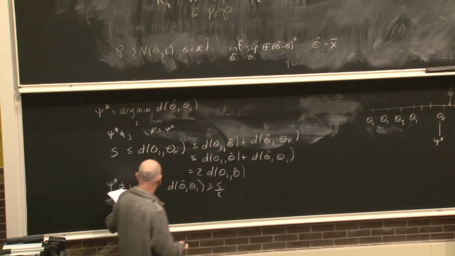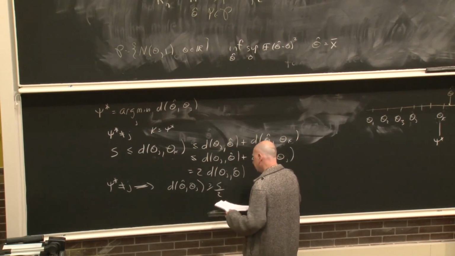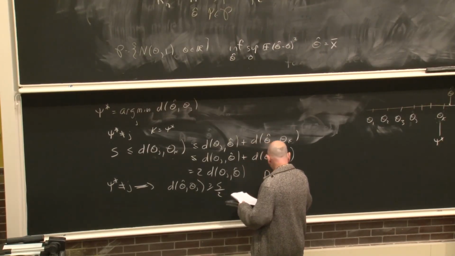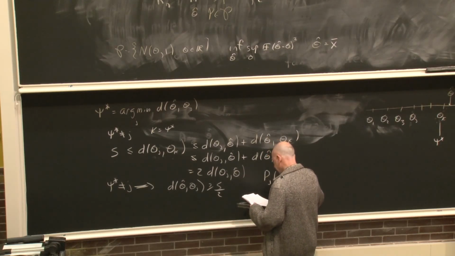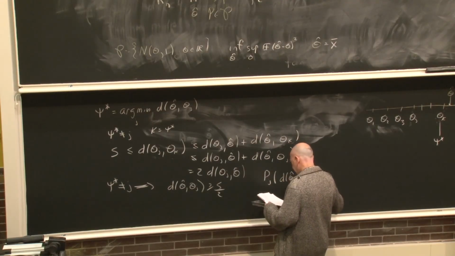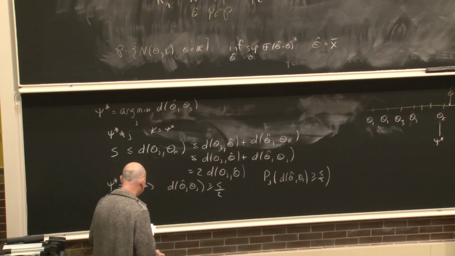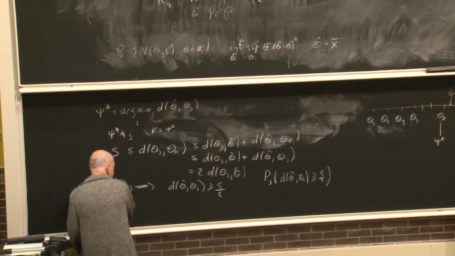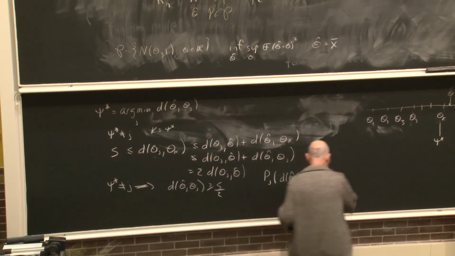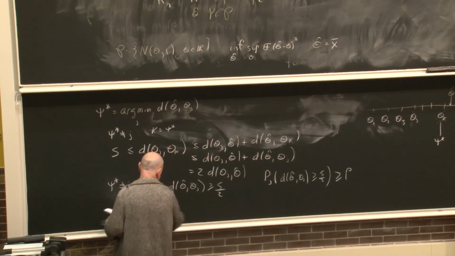Okay, so in other words, the probability that the distance between theta hat and theta j is bigger than or equal to s over 2, this event implies this event. This event is contained in this.